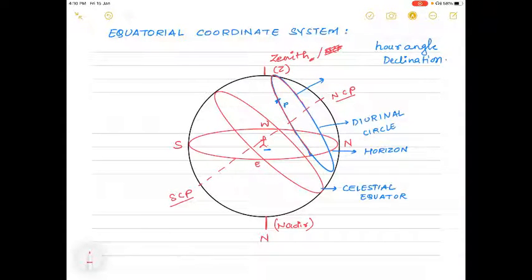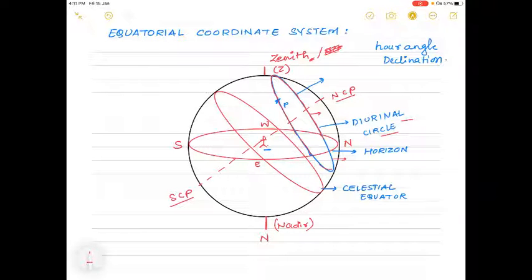Again it will be going down from this point, downwards from the horizon. So here the star is rising and here the star is setting. In 24 hours, the star is following this path, and that path is called the diurnal circle of a star.